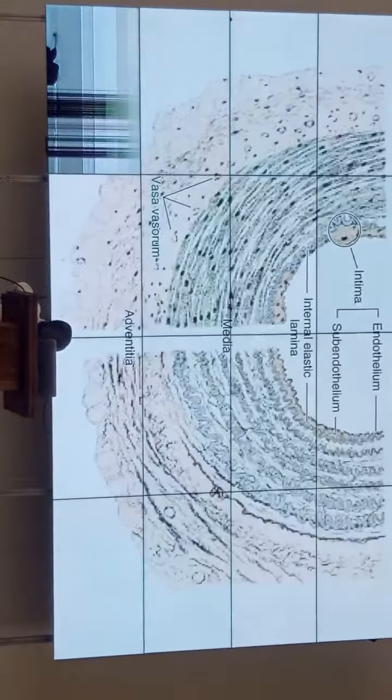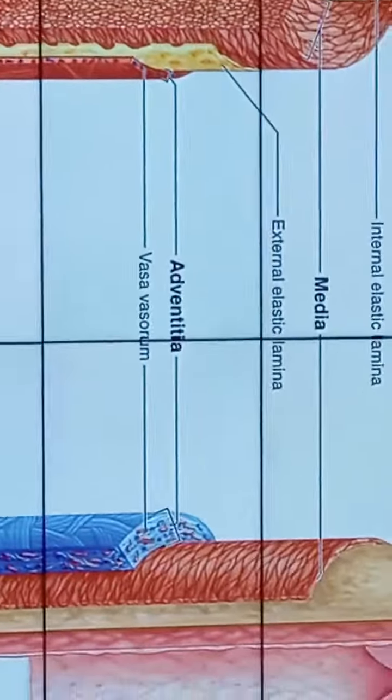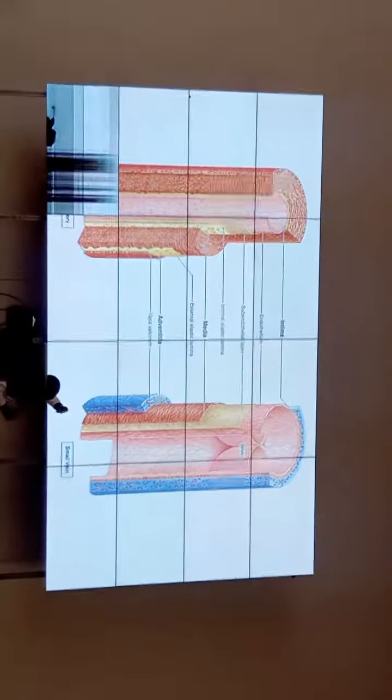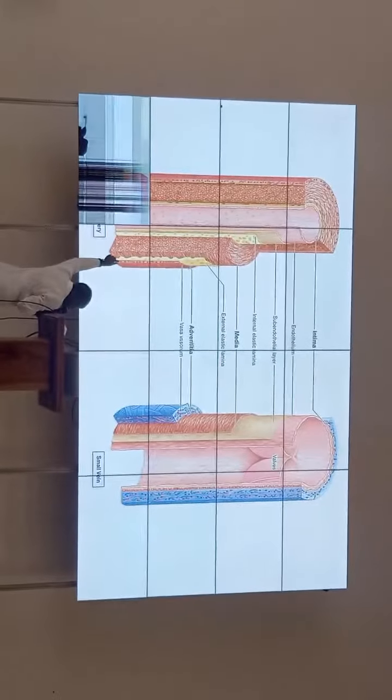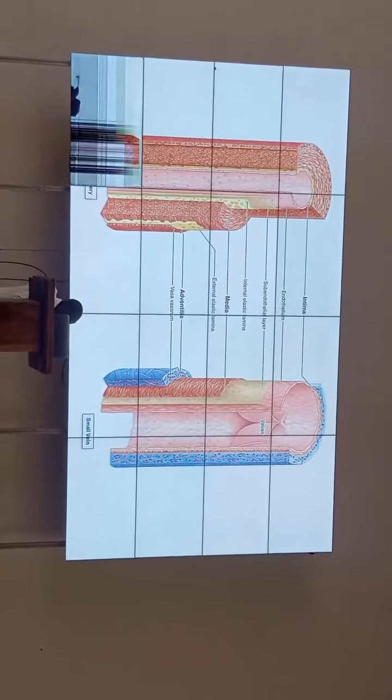Why they were shown to contain a lot of vasa vasora is because they have a thicker tunica adventitia where these are found. This one, have you seen how small and thin it is? That is why they've just shown a few.